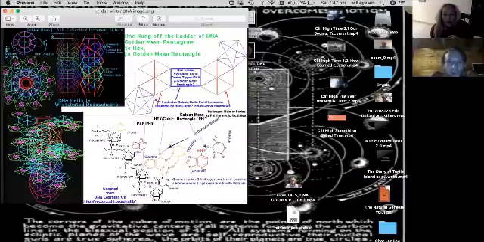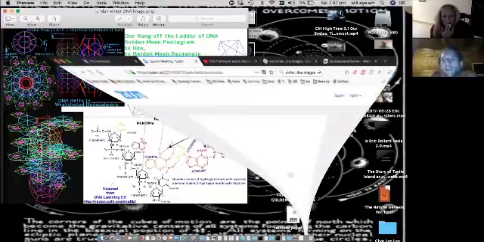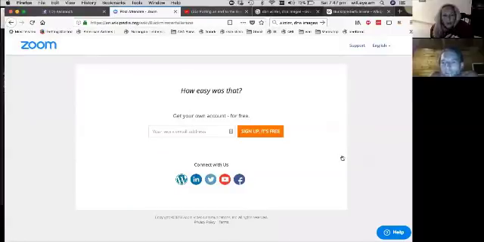One rung of the ladder of DNA: golden mean pentagram to hex to golden mean rectangle. So you've got a nonlinear hydrogen bond set here. Look at these shapes: you have a hexagon and a pentagram. If I go back to here, we go to fullerene.